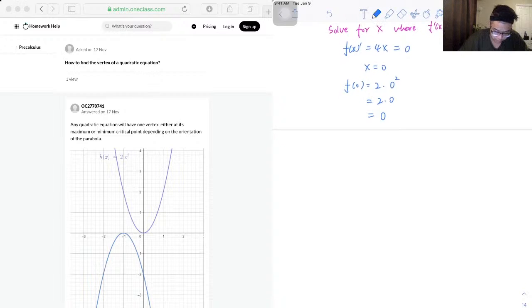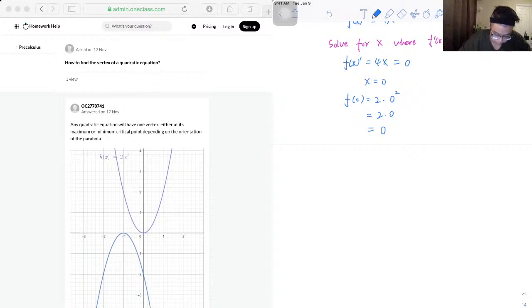So let's write down our conclusion. Therefore, the coordinate of the vertex is (0, 0).